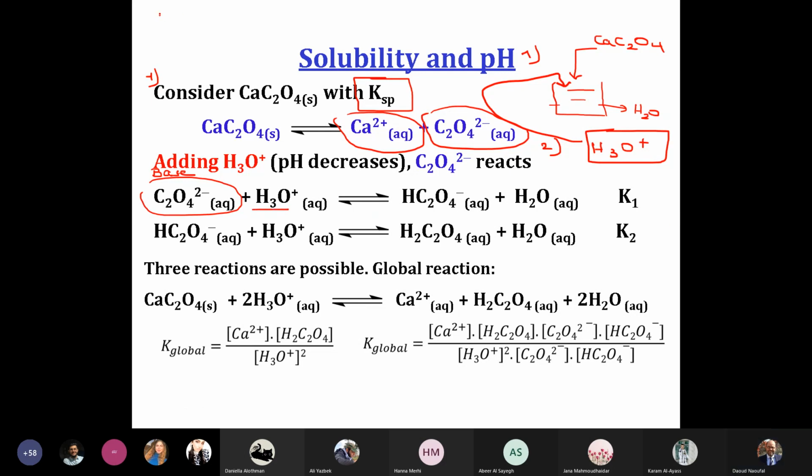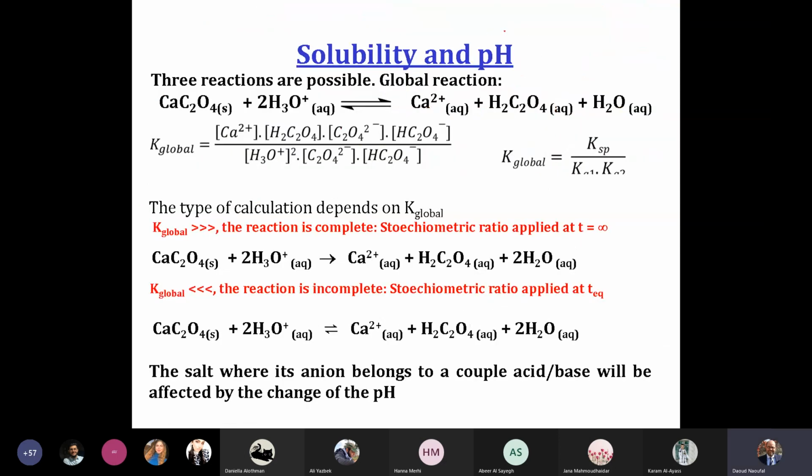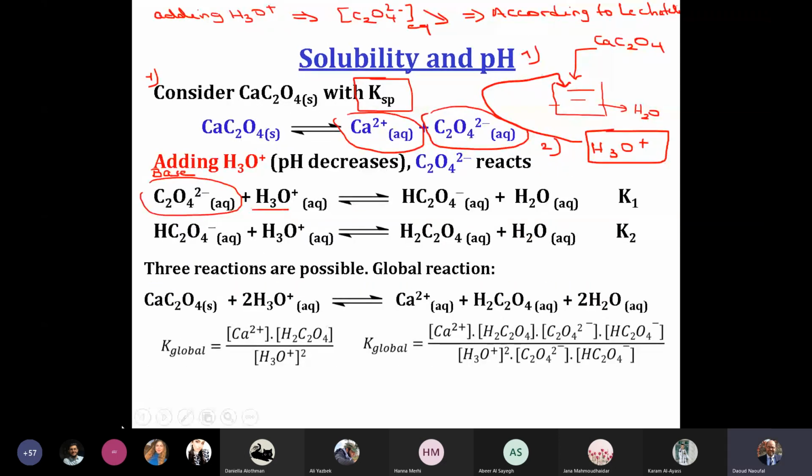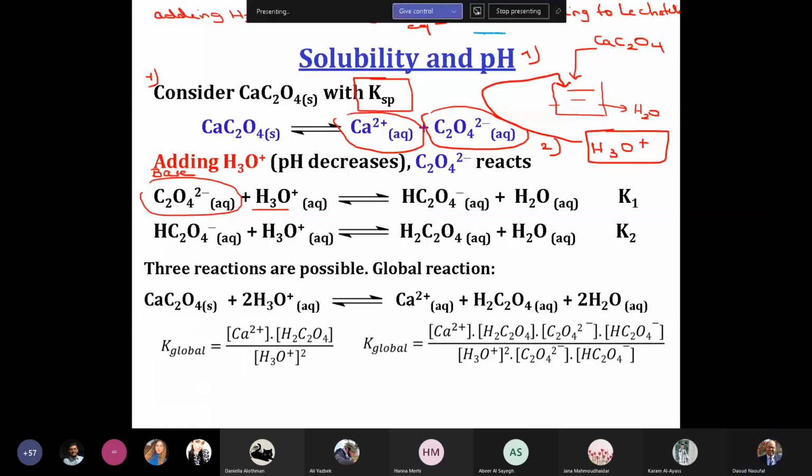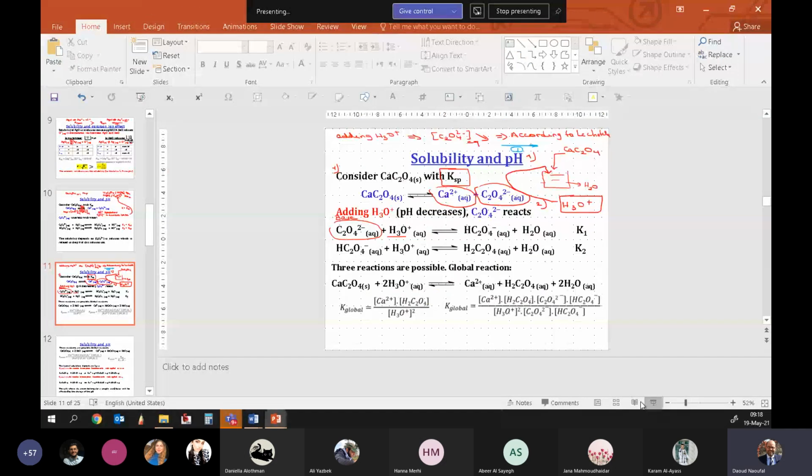So adding H+ means the concentration of C2O4 2- at equilibrium will decrease, which implies, according to Le Chatelier, the equilibrium will shift in direction 1.